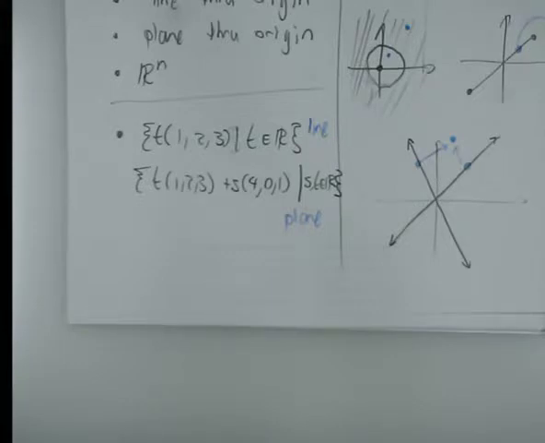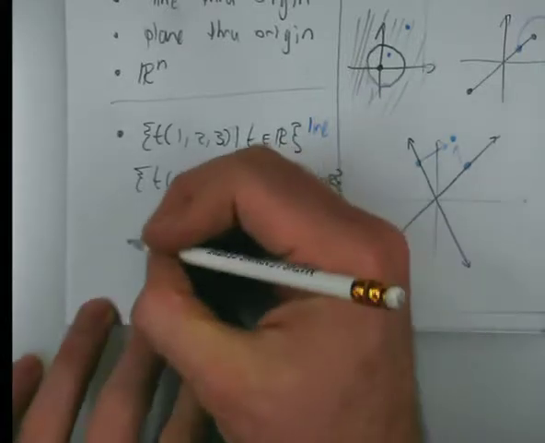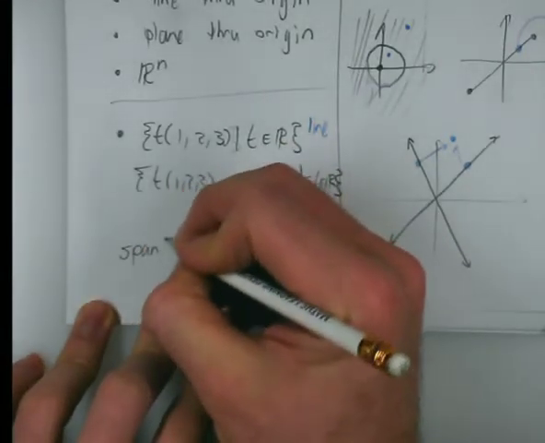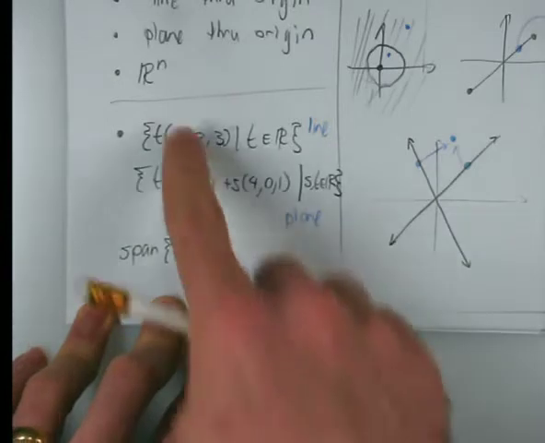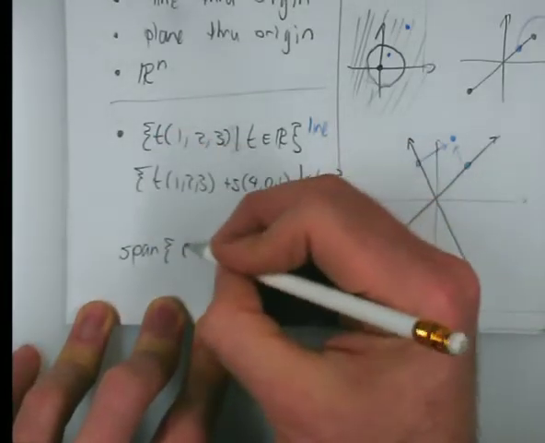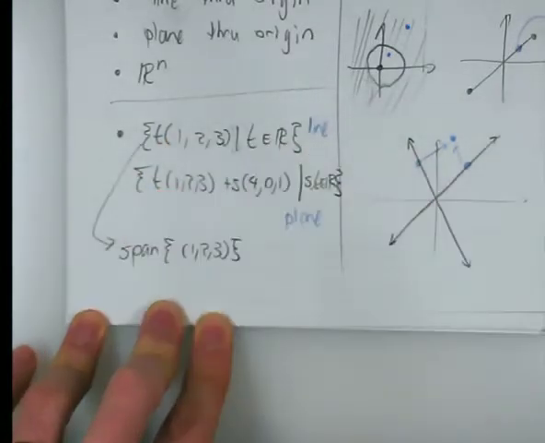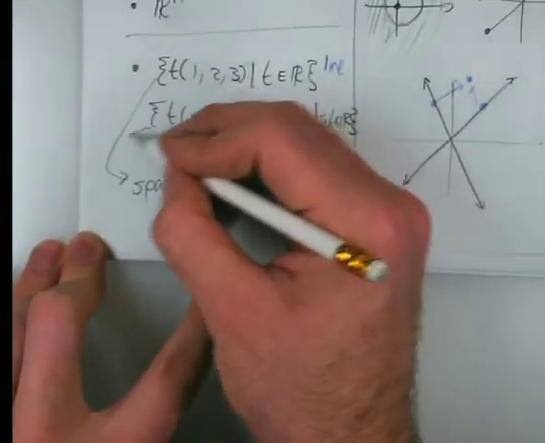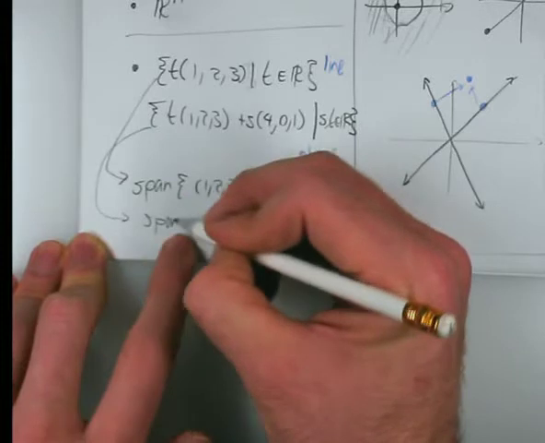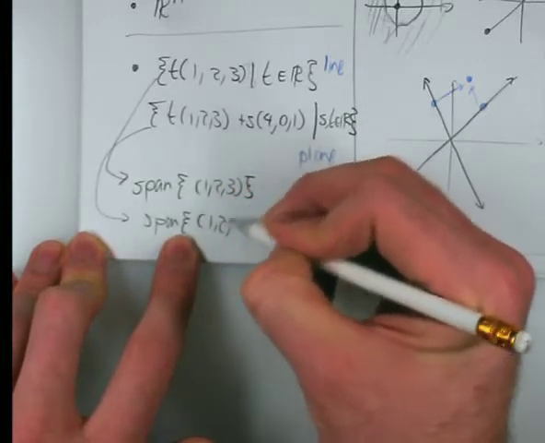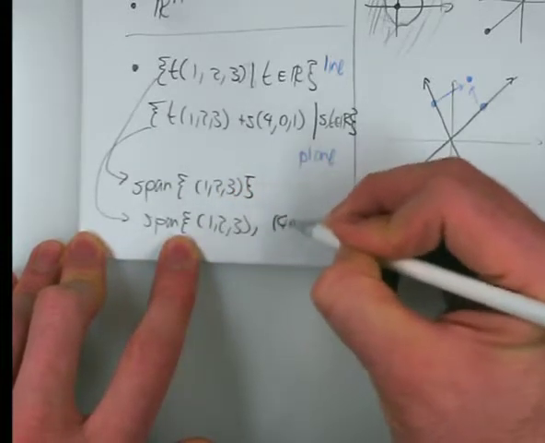Okay. And this is shorthand for span. Okay, this is the span of 1, 2, 3. That's what this is. And this here is the span of 1, 2, 3 and 4, 0, 1.